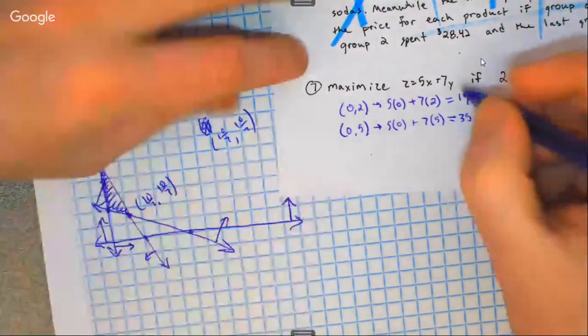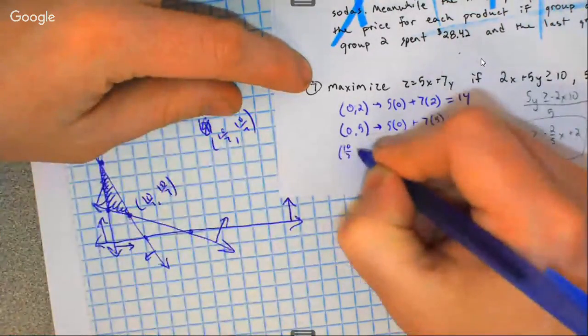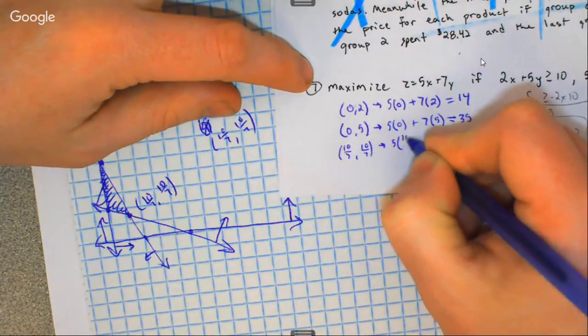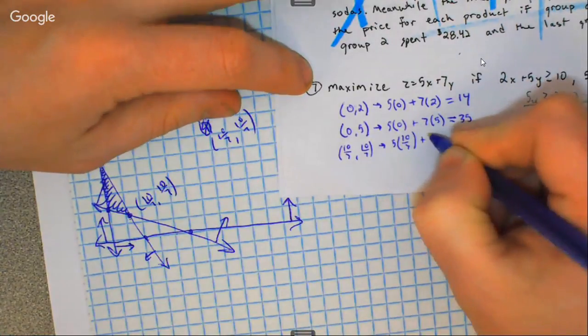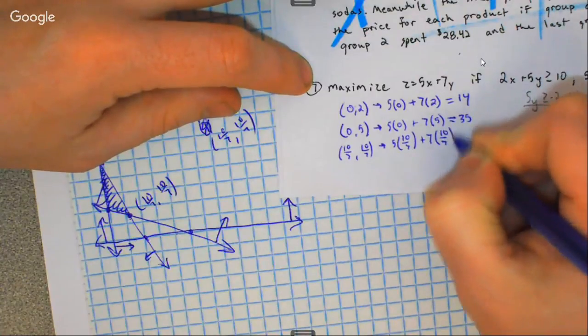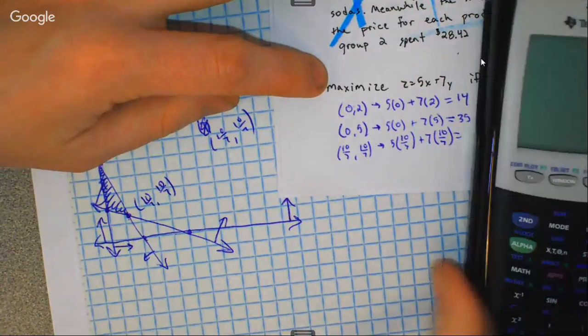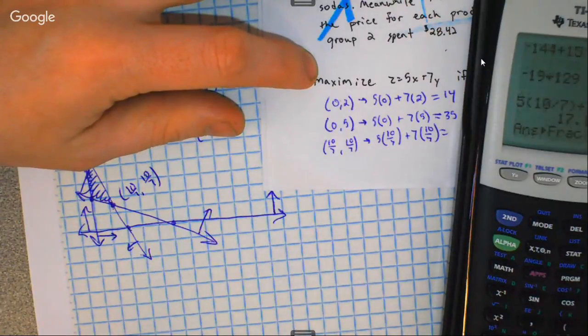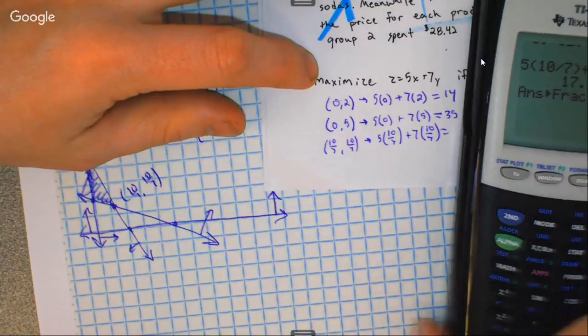And when I plug in 10 sevenths, I get 5 times 10 sevenths plus 7 times 10 sevenths. Now I'll do that in the calculator here. That's 120 over 7, which is about 17.14.